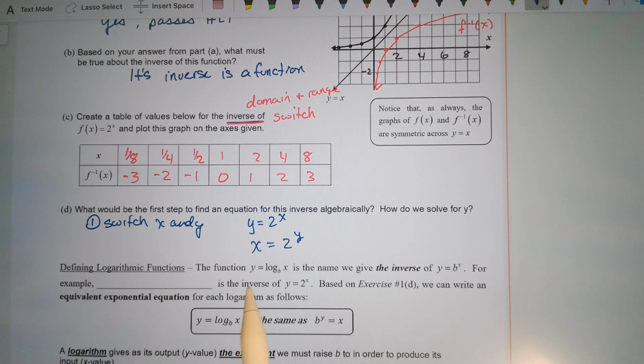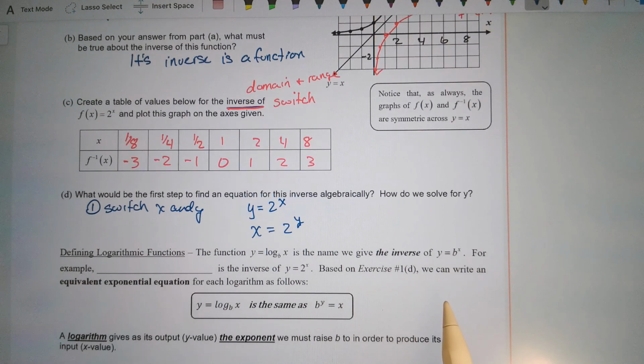The function y equals log base b of x, where the subscript is a lowercase b, is the name we give to the inverse of y equals b to the x. For example, log base 2 of x is the inverse of y equals 2 to the x.